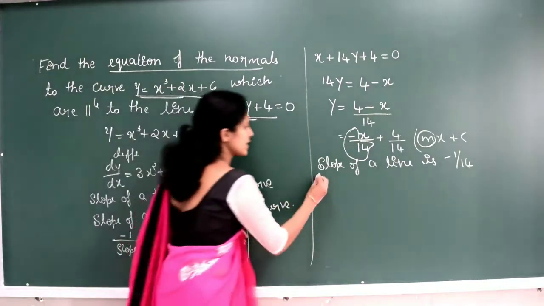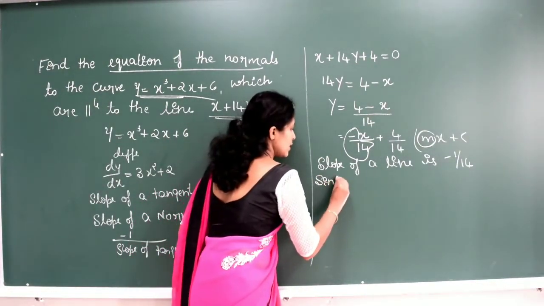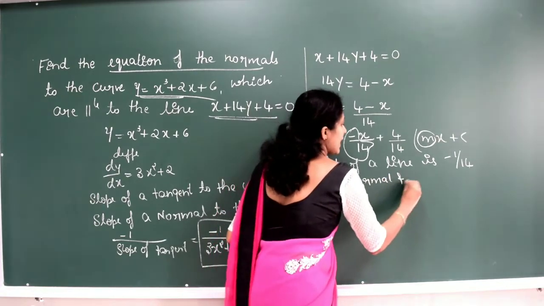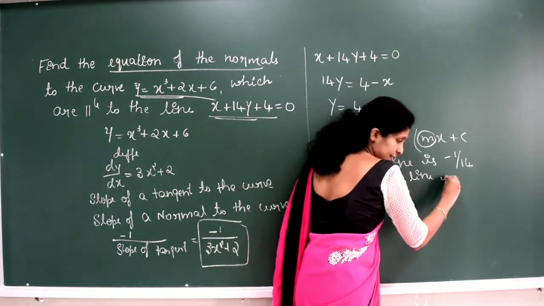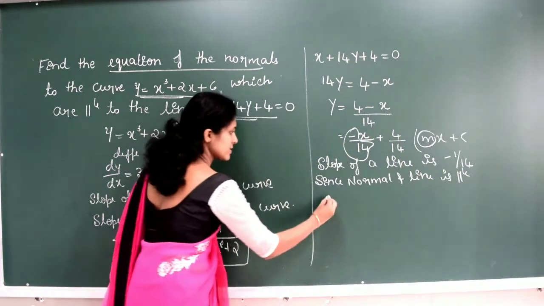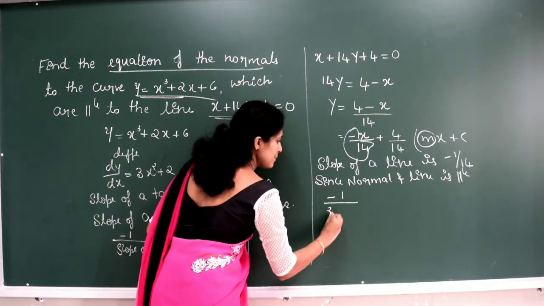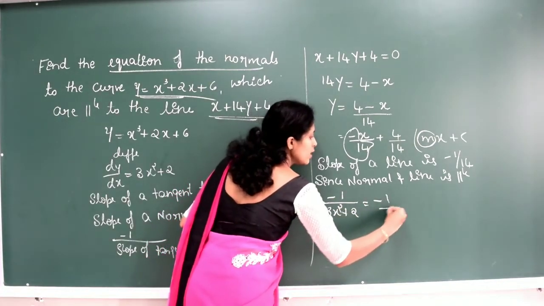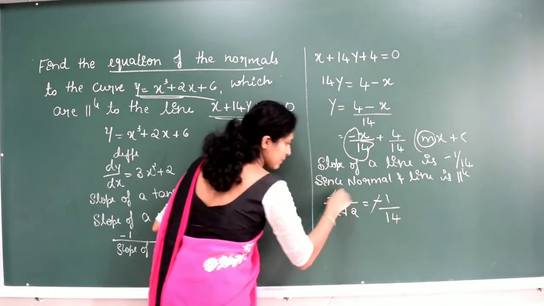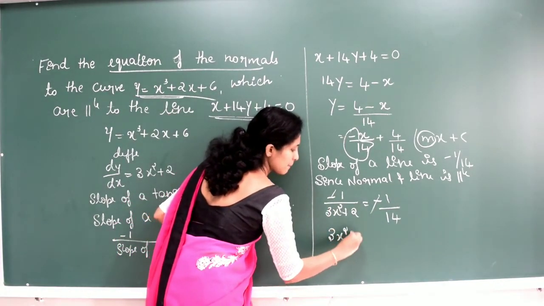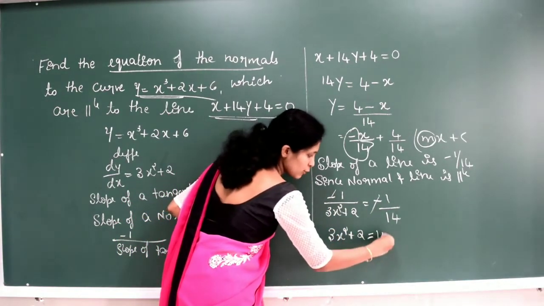By using this, I can write minus 1 by 3x square plus 2 is equal to minus 1 by 14. Now minus and minus will get cancelled. I can write 3x square plus 2 is equal to 14.